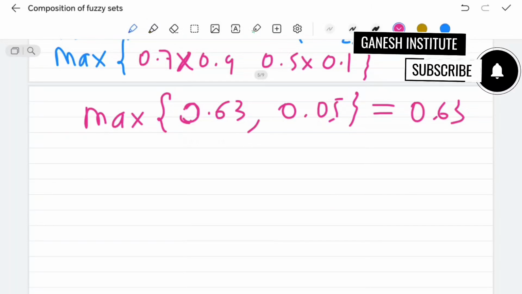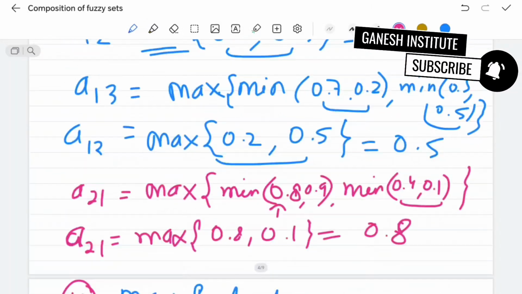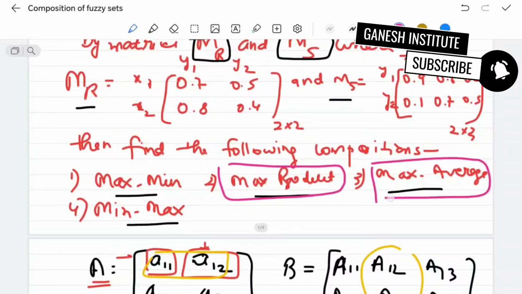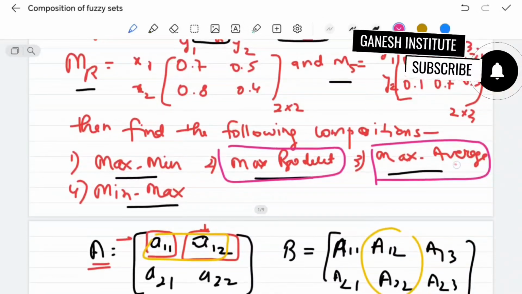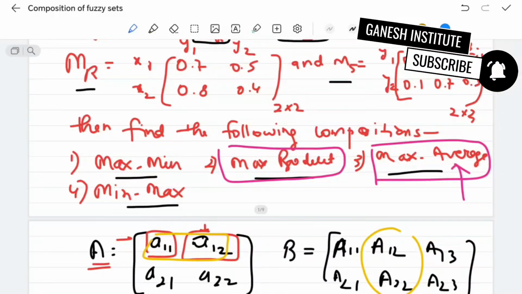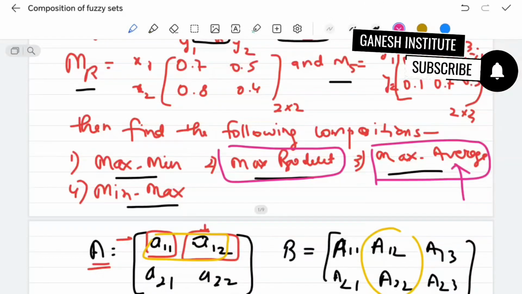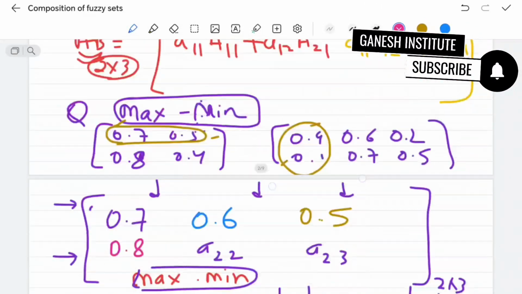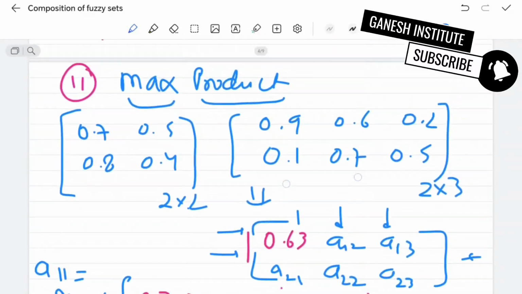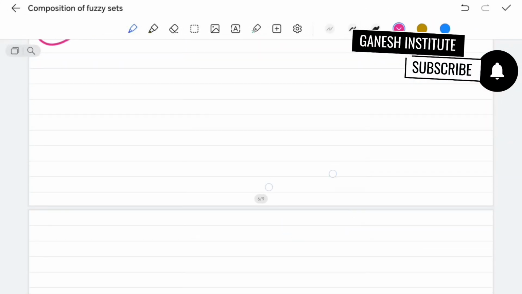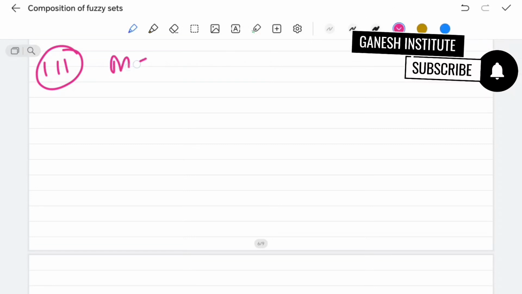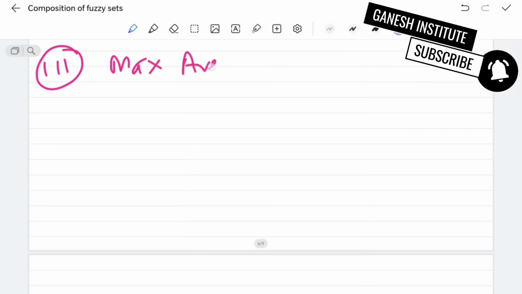Then the next composition we are asked for is maximum average. So now we will find out firstly the average of the elements. If it is A11, we'll find out the average of first row, first column, and then we'll do the maxima. So let's try it out. We have to find out maximum average composition, right?